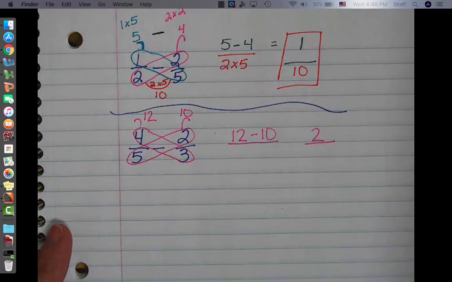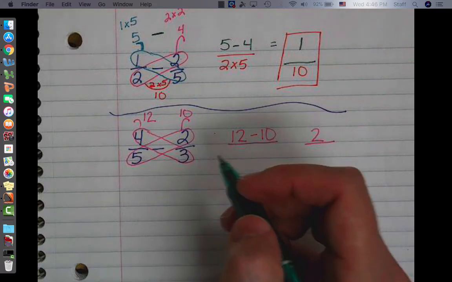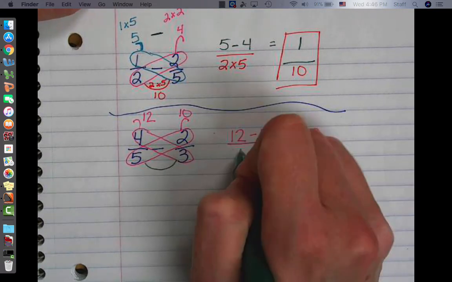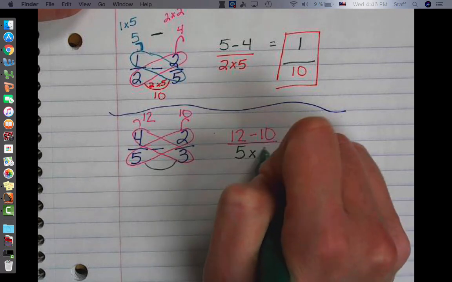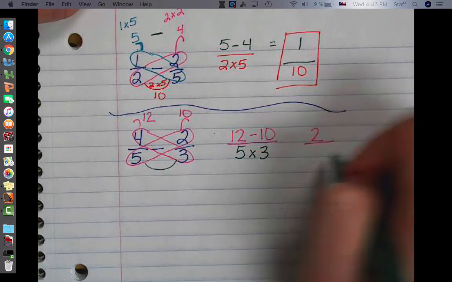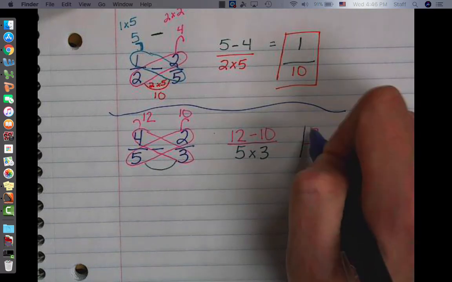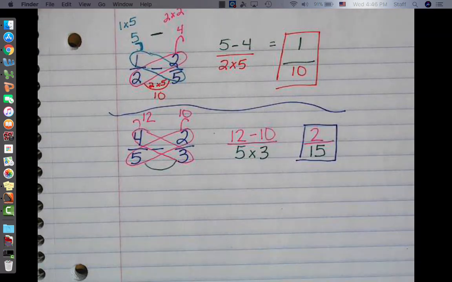Okay, and to give our denominator, we are going to multiply our denominators, which is 5 times 3, which ends up being 15. And we cannot simplify, so our answer ends up being 2/15.